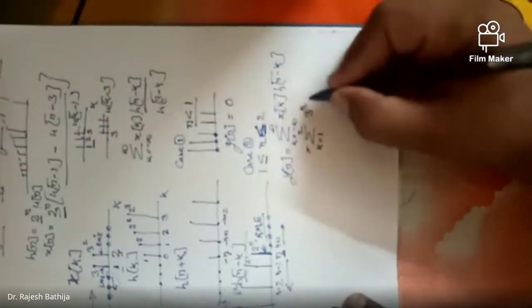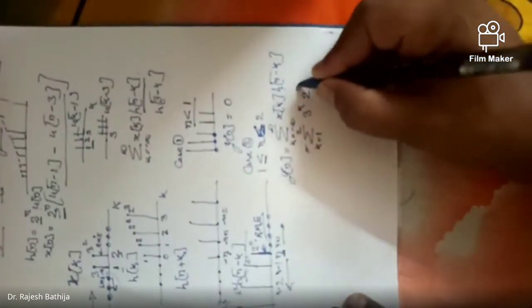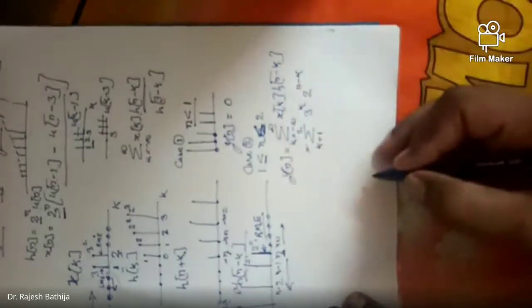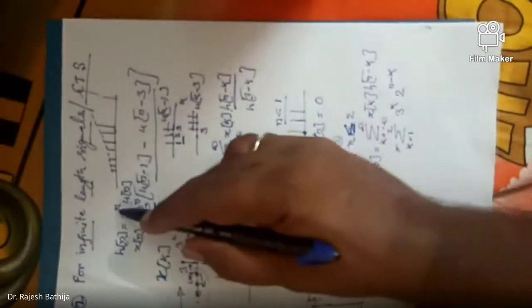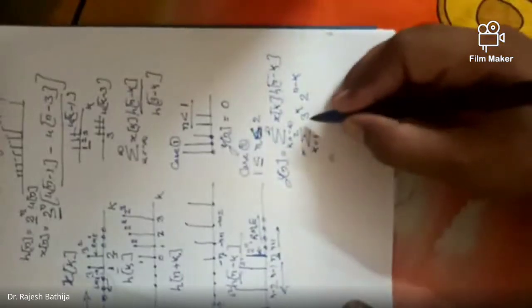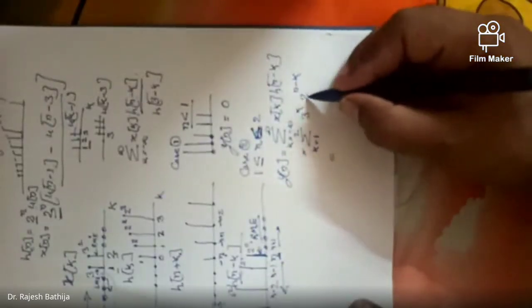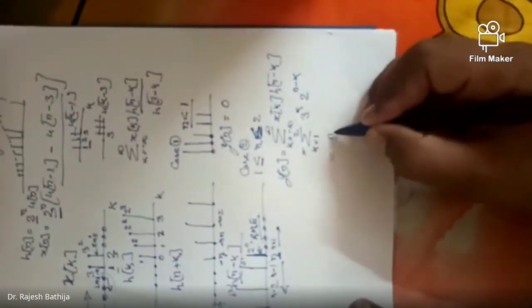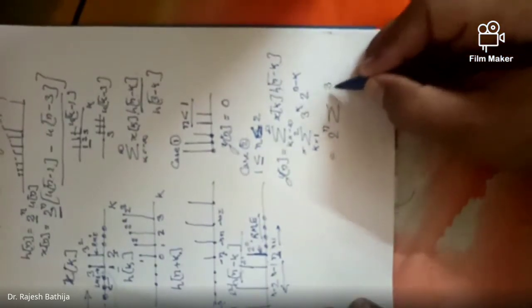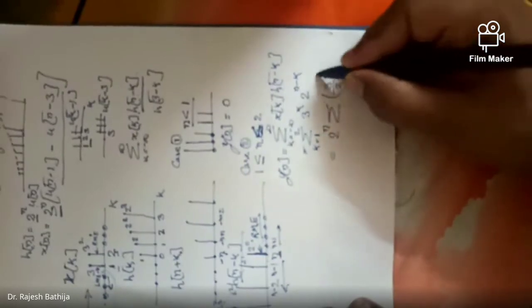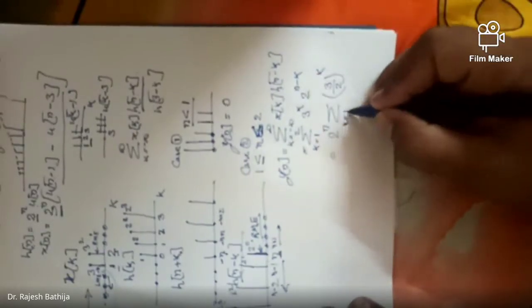Similarly, this h of n minus k is 2 to the power n minus k, right? We substitute here in place of h of n, we substitute h of n minus k. So it will be 2 to the power n minus k. So this value, when I sum it, this 2 to the power n is constant. So I can take this outside, and this will be 3 by 2 to the power k, and k value is from 1 to 2.